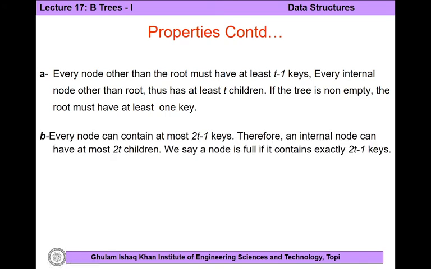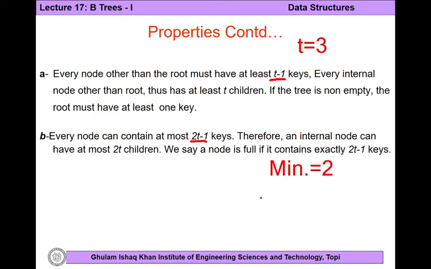That's quite easy. For example, I say t is equal to 3, then a node must contain at least t minus 1 keys, and it can contain at maximum 2t minus 1 keys, right? Let me do it for you. The minimum number of keys can be t minus 1, which will be 3 minus 1, which is 2, right?